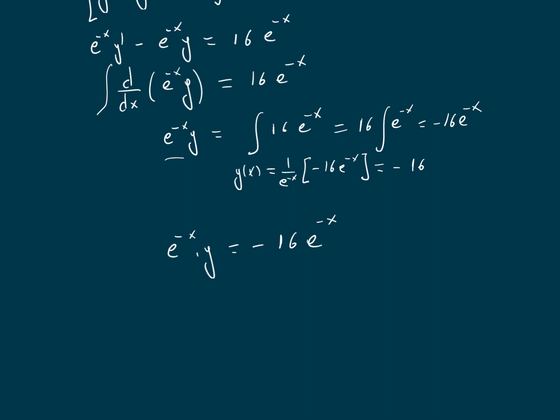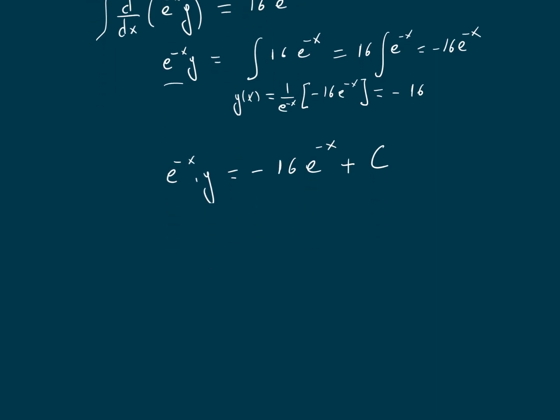Now, what is left? Plus c, and now the solution is indeed this one. y of x equals 1 divided by e to the minus x, multiplied by minus 16 e to the minus x plus c.